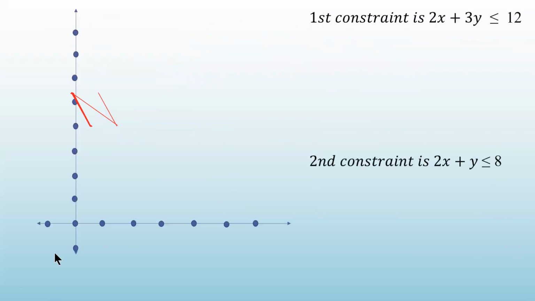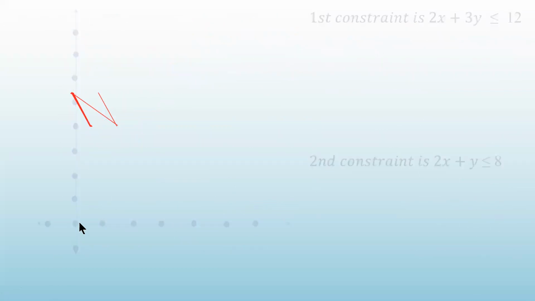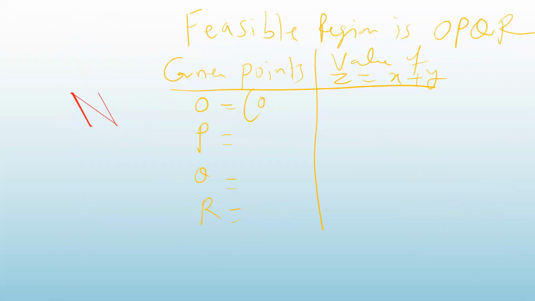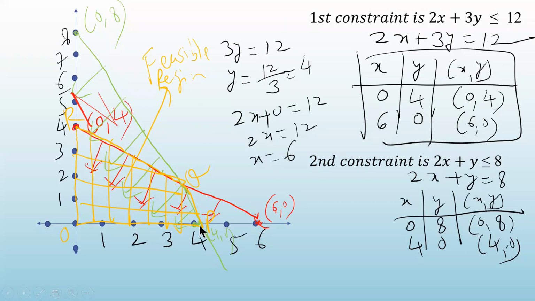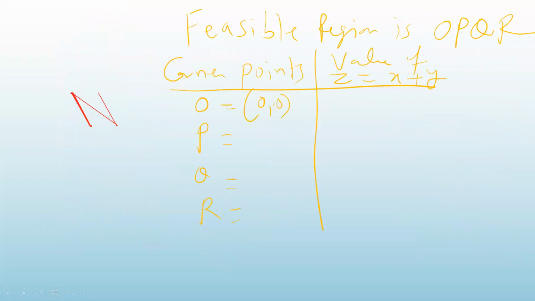So look here, O, the coordinates are 0, 0. What are the coordinates of point P? P is here. So the X coordinate of P is 4 and the Y coordinate is 0. So P is 4, 0.